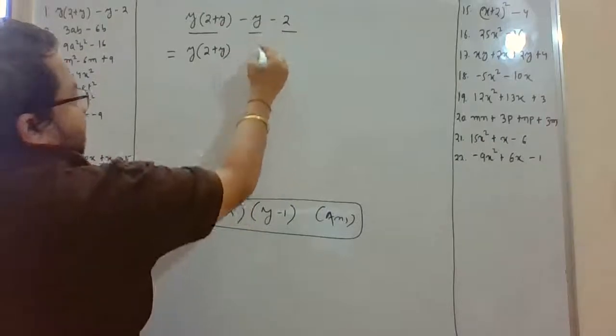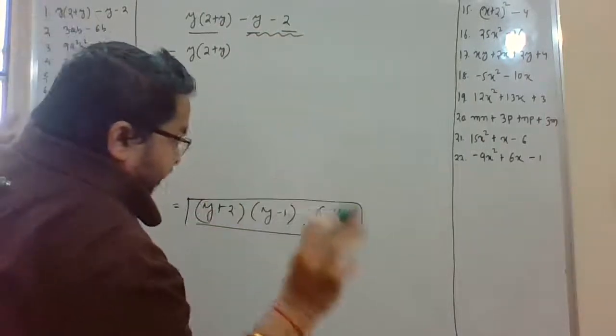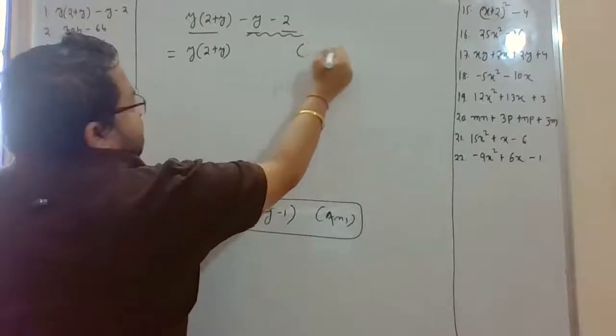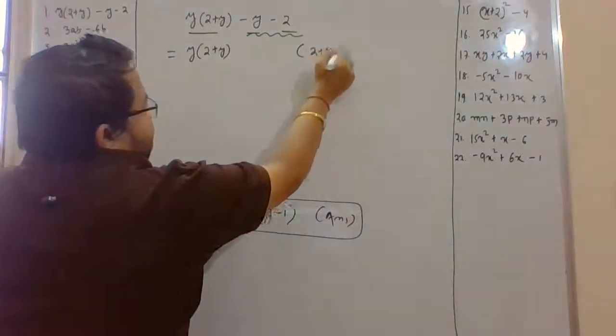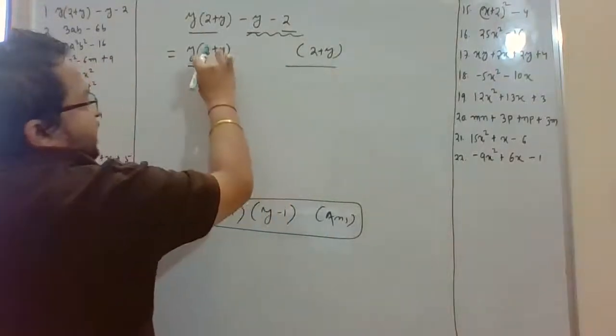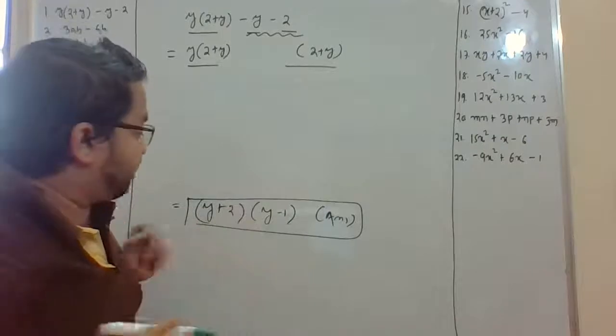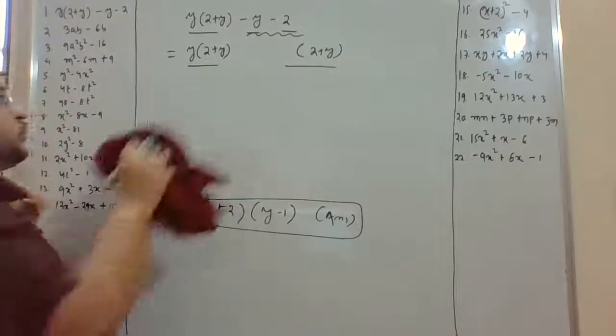Now I know that if the remaining part can be expressed as a term with a (2 plus y) factor, then between this term and the new term, I can take (2 plus y) as the common factor and it can be easily factorized, right? So let me see if that is possible or not.